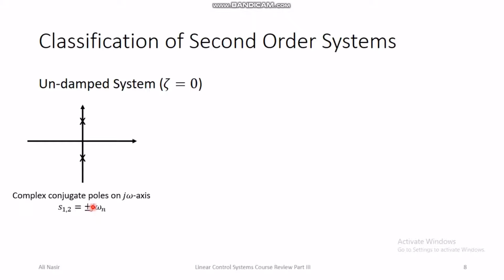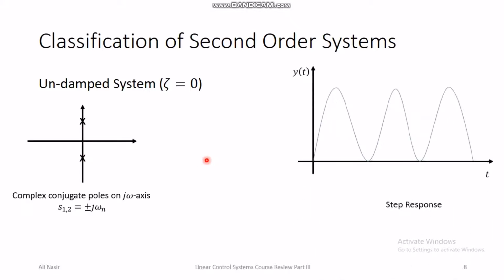So the poles are plus minus j omega n, which means that the vertical distance of the pole from the origin is omega n, and this one is minus omega n. So now you can already see that the step response of this type of system would be oscillatory with 100% overshoot, and there will not be any steady state.